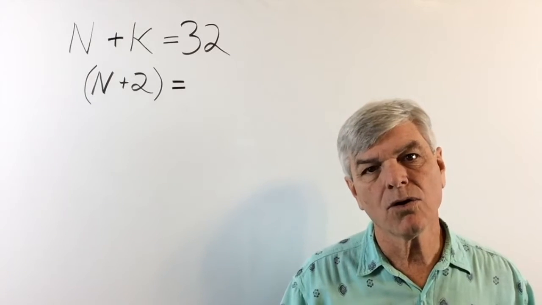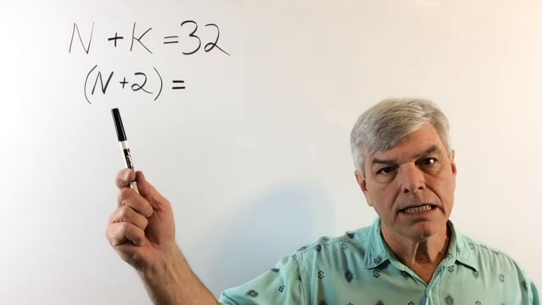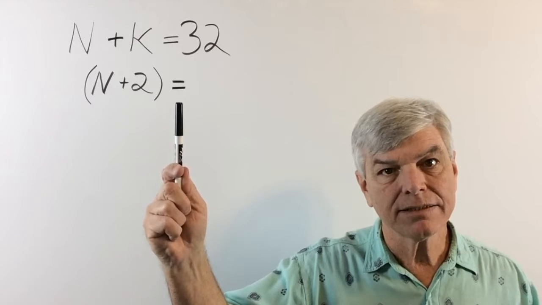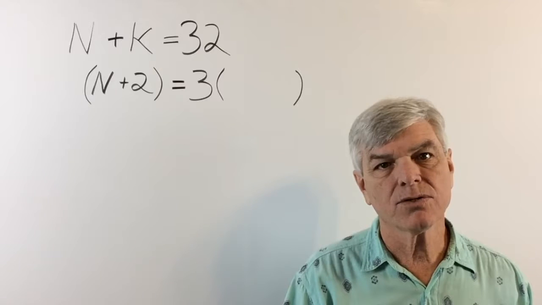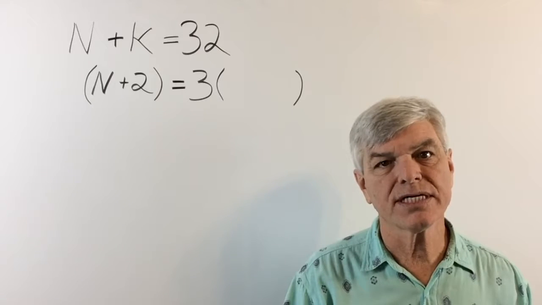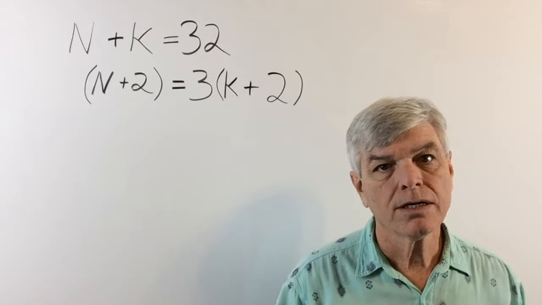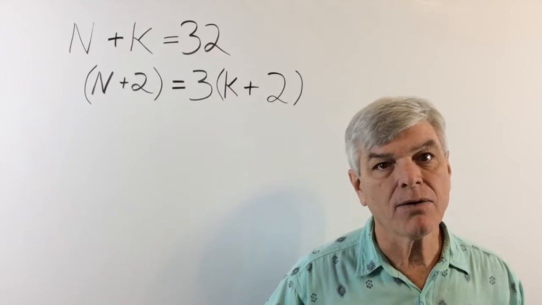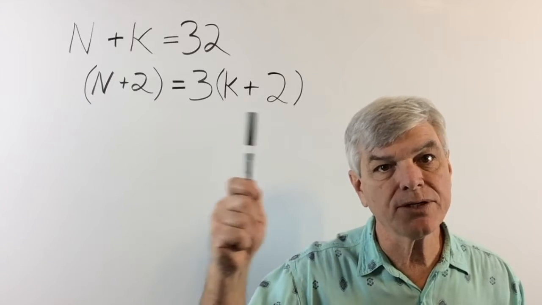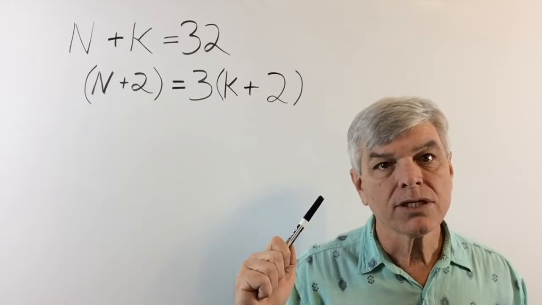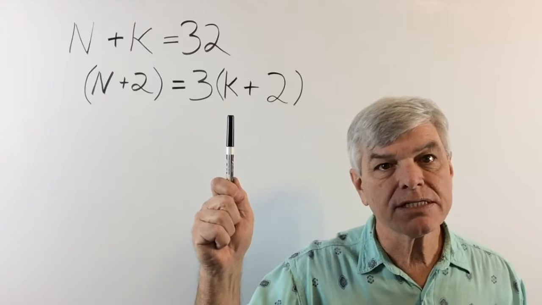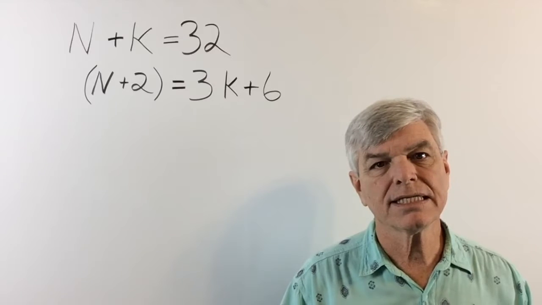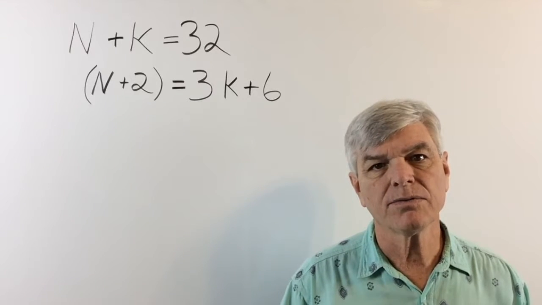In 2 years, Nicole will be. Nicole in 2 years will be 3 times as old, so 3 times parentheses, Kristen. And that's Kristen in 2 years, not Kristen now. In 2 years, both of them will be 2 years older. So let's take this out of parentheses by multiplying the 3 times everything in the parentheses, and let's get rid of these parentheses too.